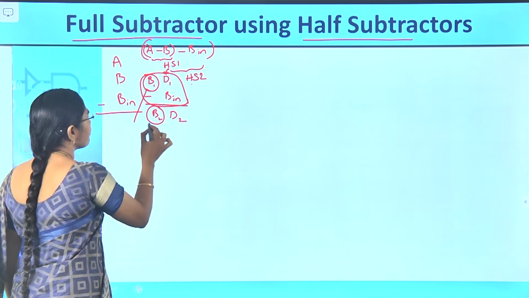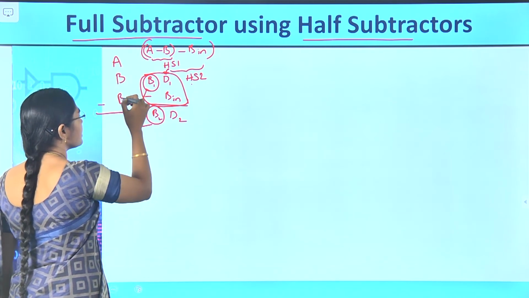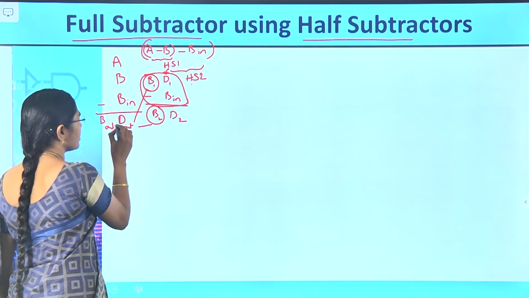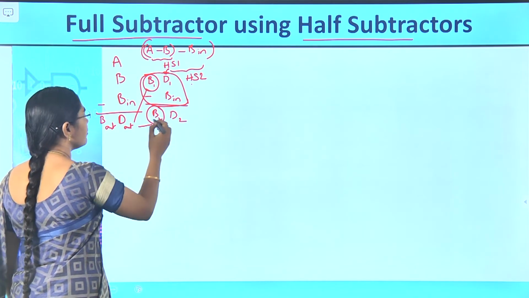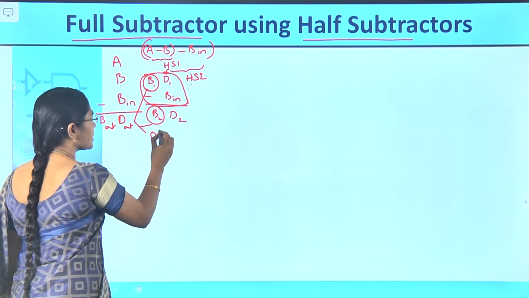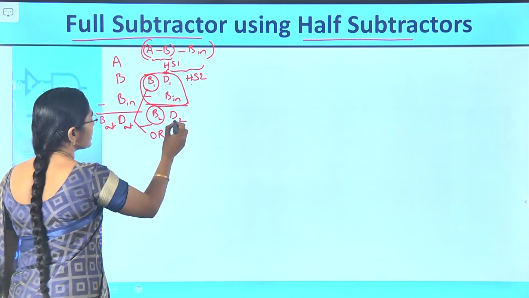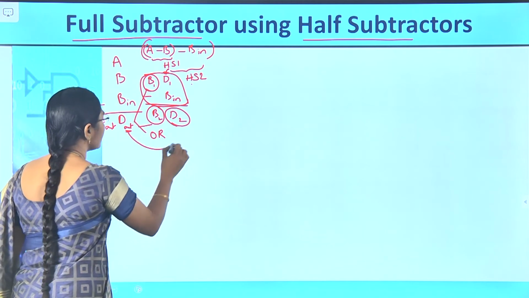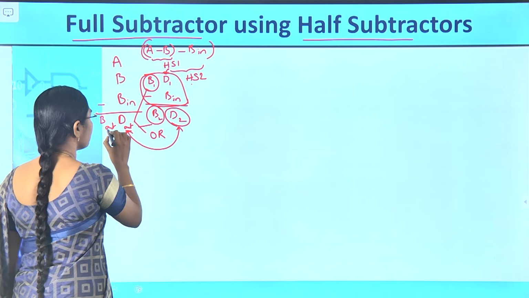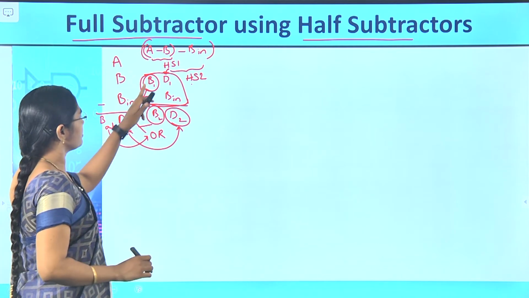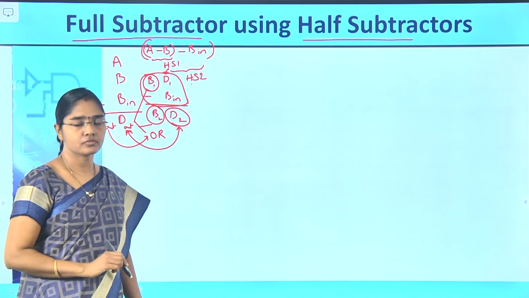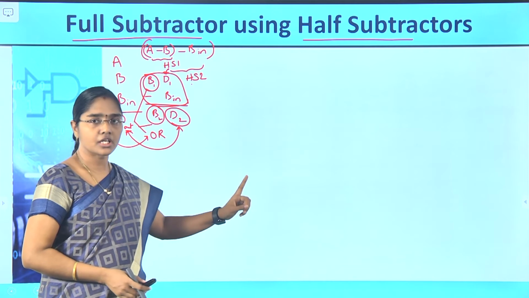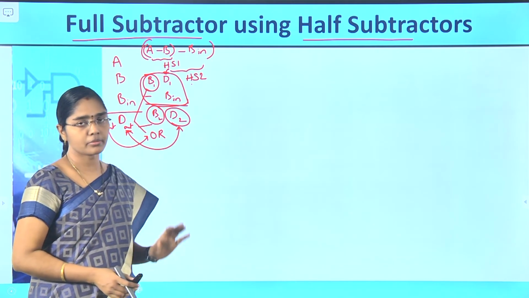For getting the final borrow out, let us assume B out, from B1 and B2, one OR gate is going to be taken, and final D2 is directly D out. So D out and D2 both are the same, and for getting the B out, one OR gate is used between B1 and B2. Okay. So using 2 half subtractors and one OR gate, the full subtractor is going to be implemented.